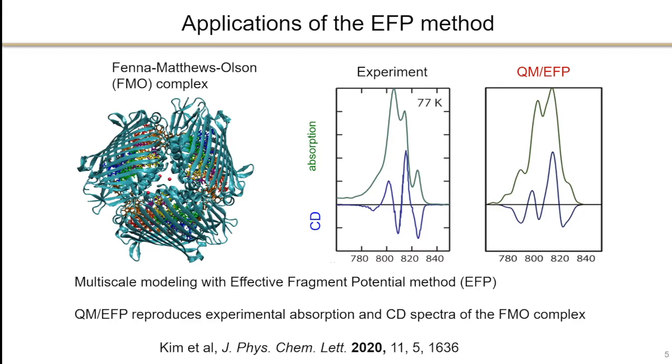We were able to get results that are comparable to experiments, both for the absorption spectra and the circular dichroism spectra. So this is just showing the power of these types of simulations. QM-EFP was able to reproduce these experimental measurements.